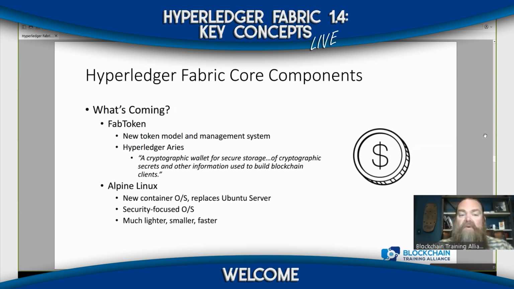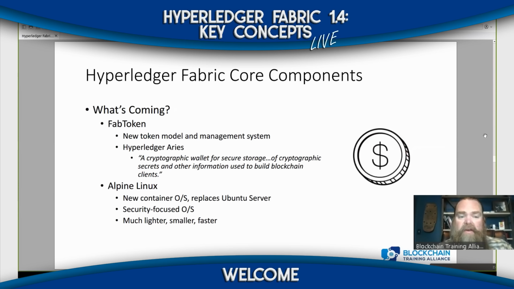Here's this new offering called Hyperledger Aries, and it gives us a wallet and way to securely store and manage cryptographic secrets and private keys. So now all of a sudden, Fabric 2.0 is going to have a token model and a native wallet system. So now it's really starting to compete with something like Ethereum or Bitcoin for doing any kind of asset digitization and possibly payment processing and reconciliation.